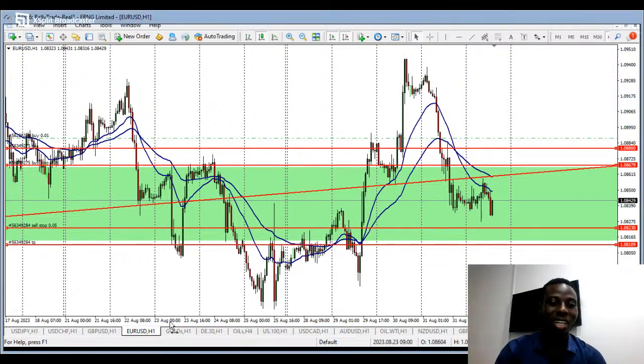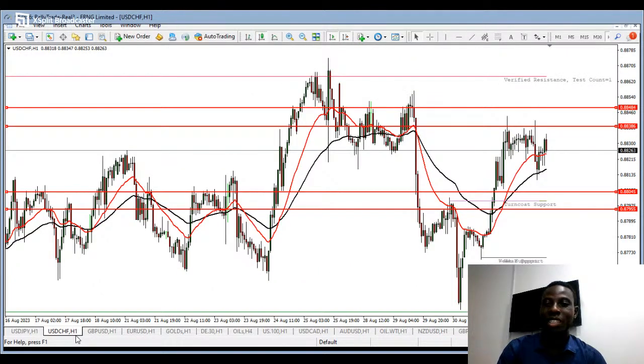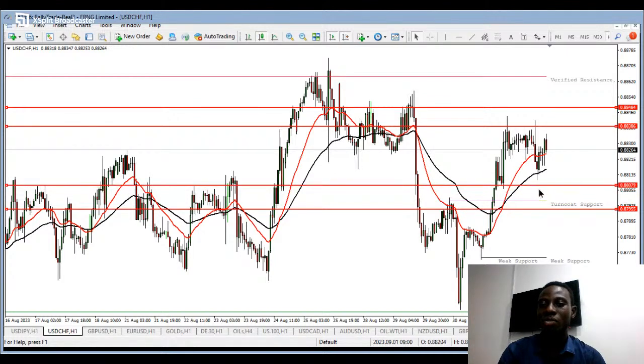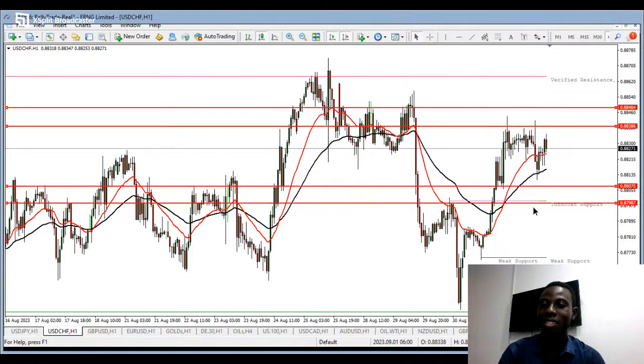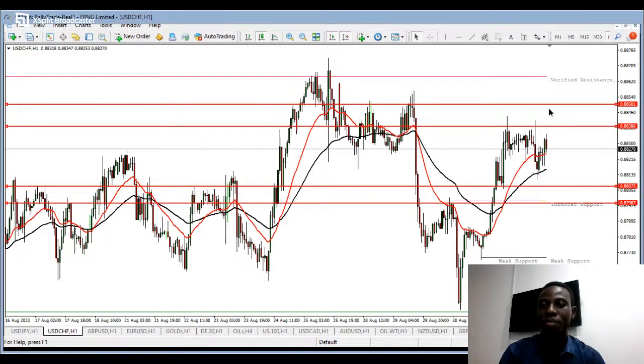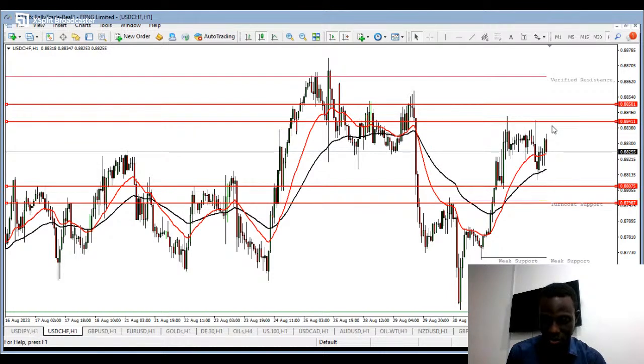Let's quickly look at the next currency pair, USDCHF. One thing I don't like about it is the spread, but just trade it wisely, okay?